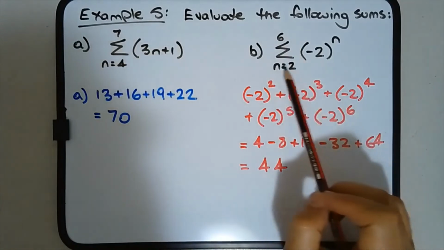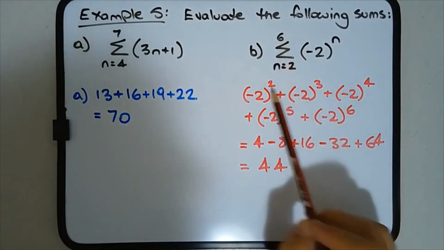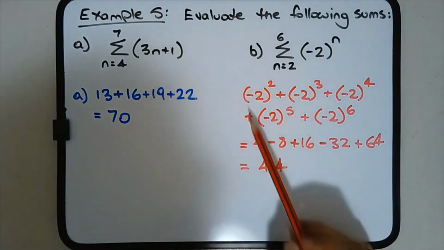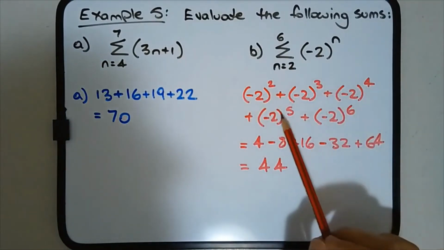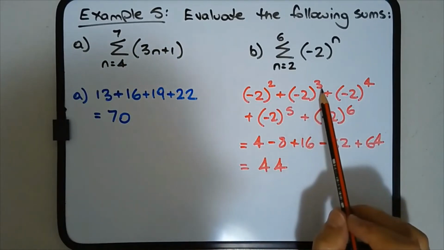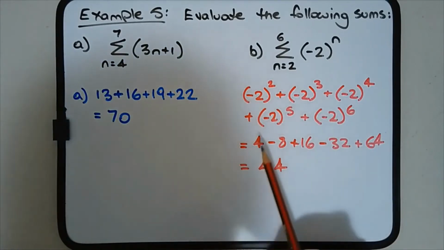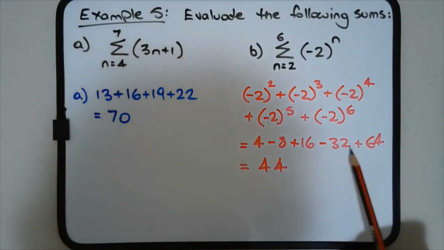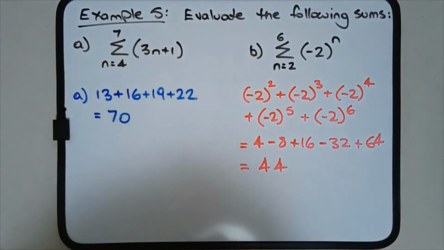So that's what it means from n equals 2 to 6: 2, 3, 4, 5, and 6. And so all the even powers will result in positive values, and all the odd powers will result in negative values. So this evaluates to 4 minus 8 plus 16 minus 32 plus 64, which equals 44.